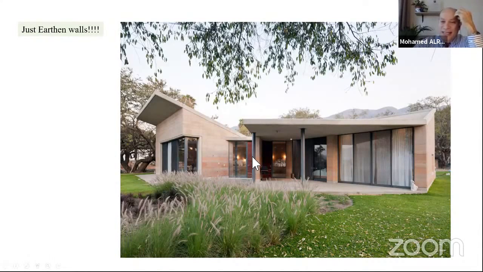There is a steel structure, and there is a flat slab of reinforced concrete for the roofing system. Oh my God! So how could they achieve some saving or affordability?